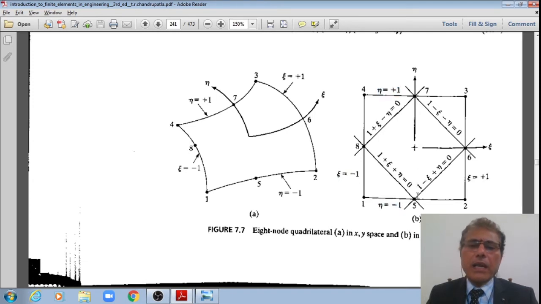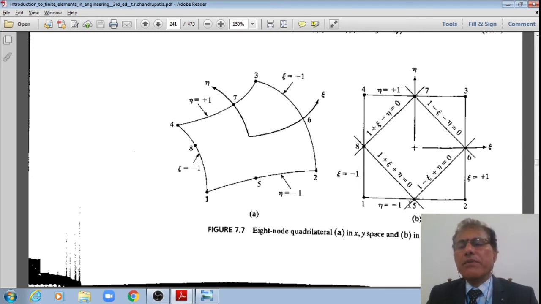Then I'll connect the mid-side nodes 5 and 6, 6 and 7, 7 and 8, and 8 and 5. The equation of the line connecting 5 and 6 is given by 1 minus xi plus eta is equal to 0. Between 6 and 7 nodes, it is 1 minus xi minus eta is equal to 0. The line connecting between 7 and 8 is 1 plus xi minus eta is equal to 0.